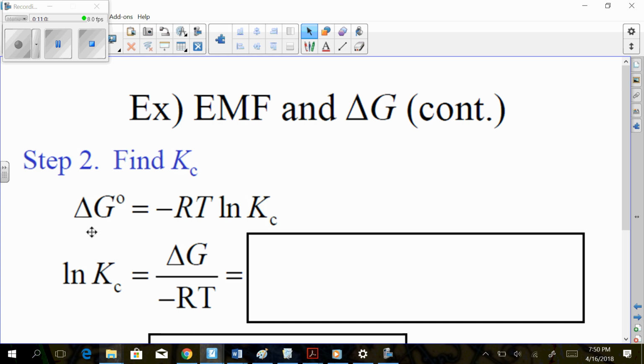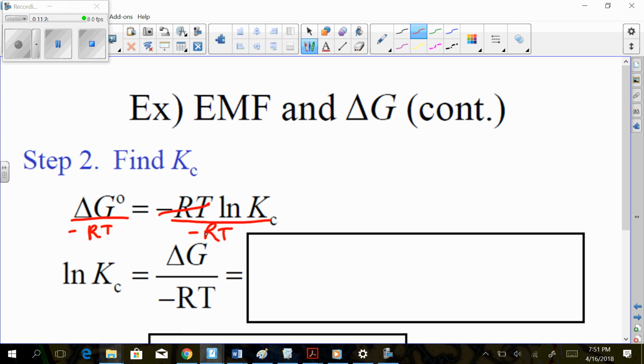The relationship that we learned about is delta G equals negative RT ln K. We rearrange this equation and divide both sides by negative RT.